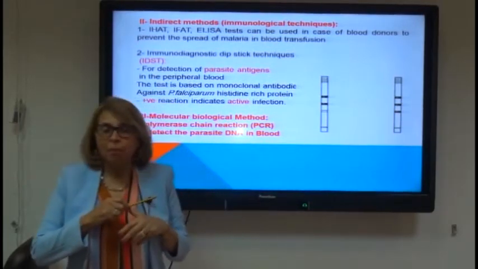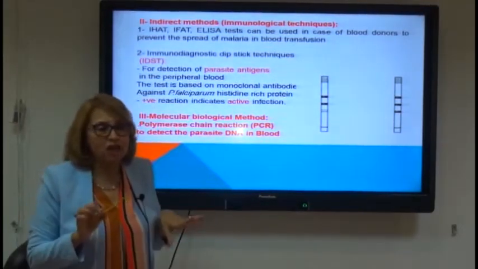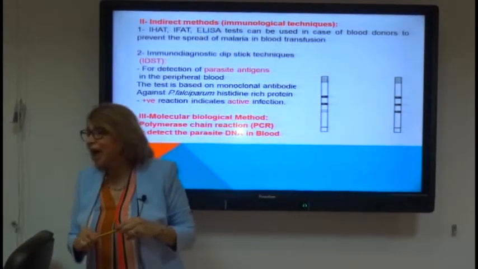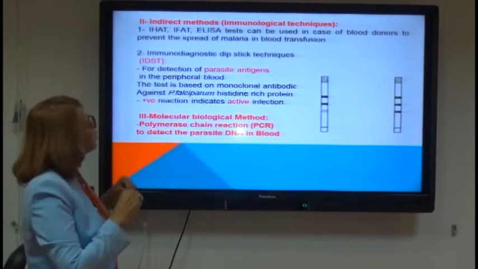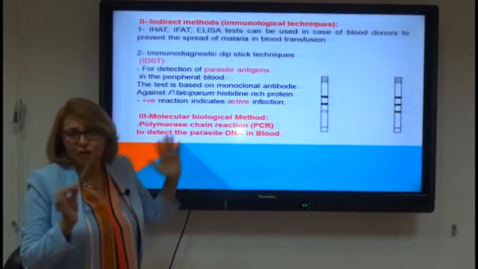The blood film, thick drop and thin film, is up till now the gold standard. But we have the indirect or immunological method, which is either detection of antibodies or antigen.